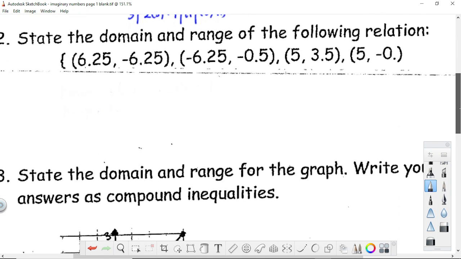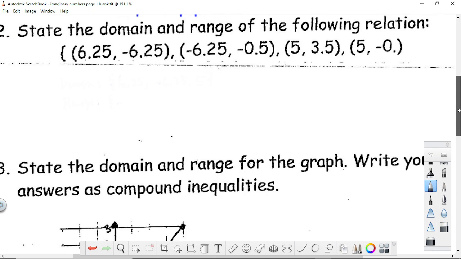Okay, so the next one is the kind of problem that we like. State the domain and range of the following relation. So we can just write something like domain, colon, and then put brackets around it. I'm not going to be a real stickler on that. I like to use the curly brackets or braces, depending on what you want to call them.